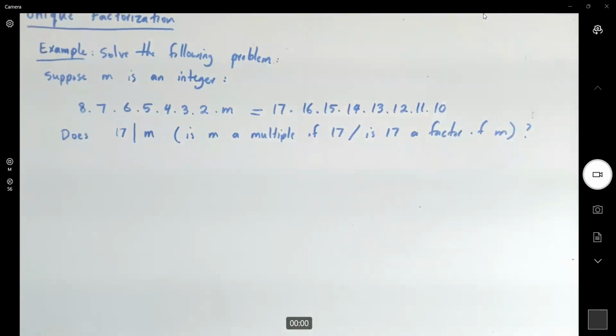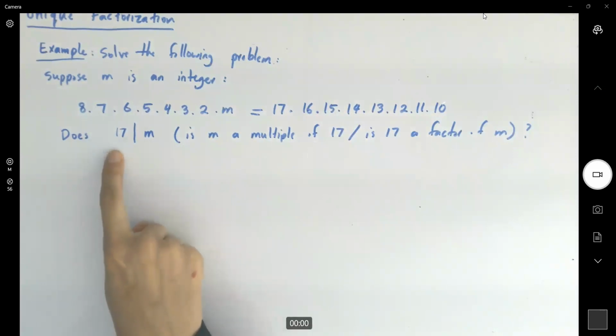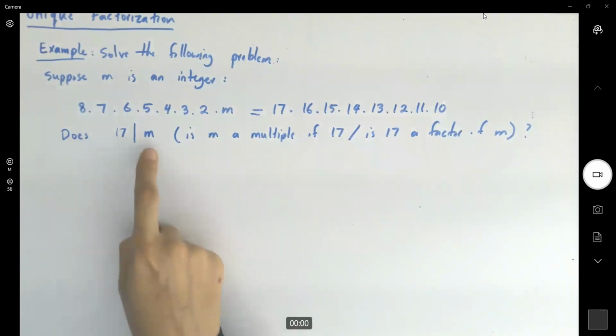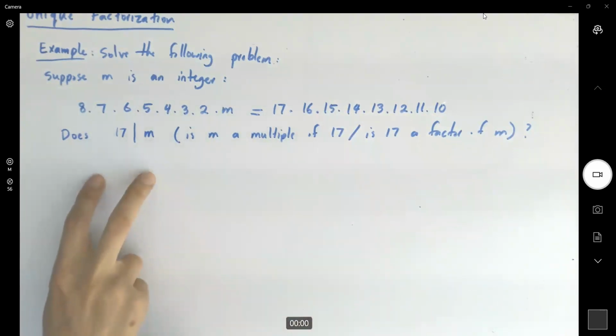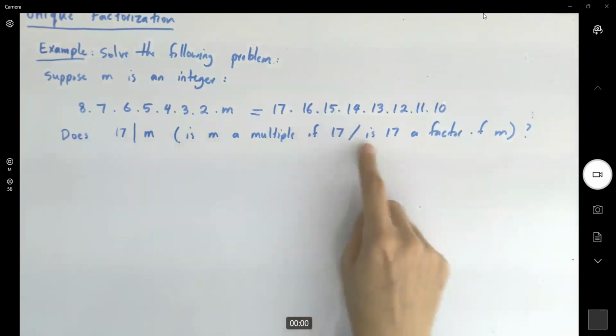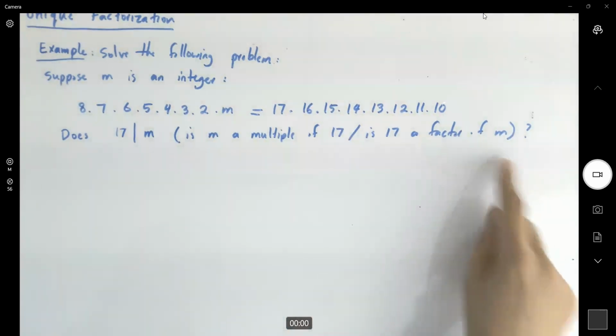This is the question that we're trying to answer. We wanted to know if 17 divides m, is m a multiple of 17, or if you want to use different terminologies, is 17 a factor of m?